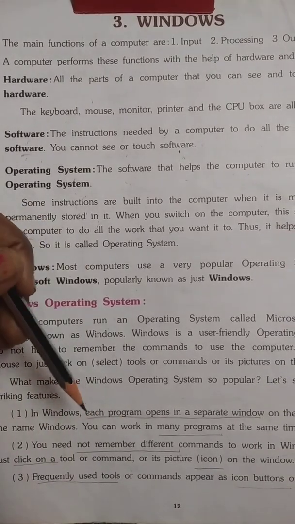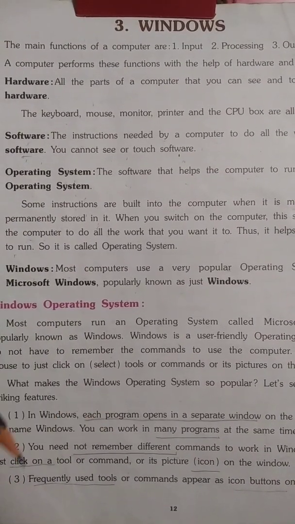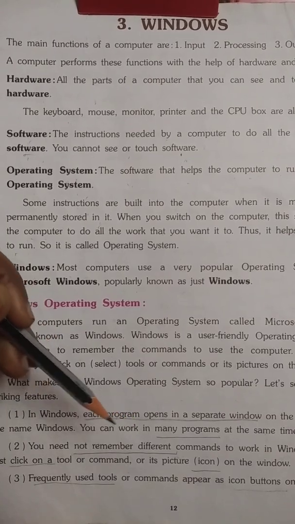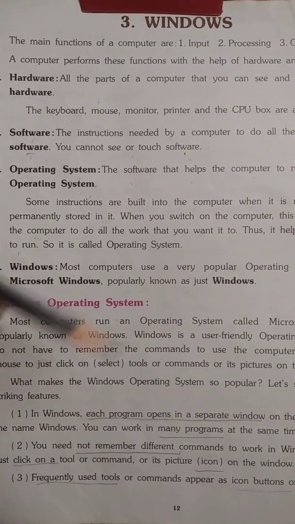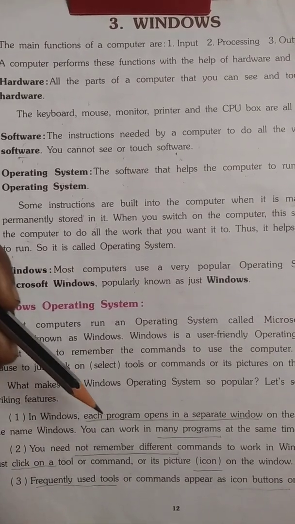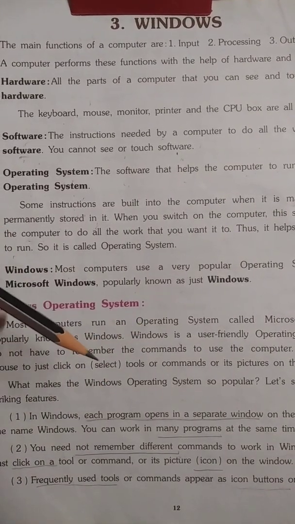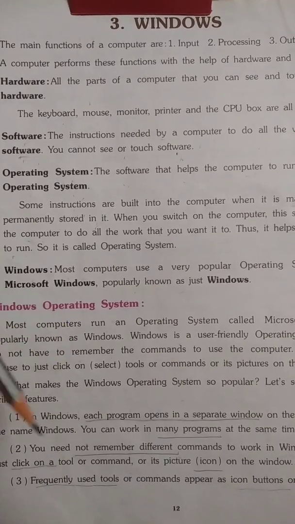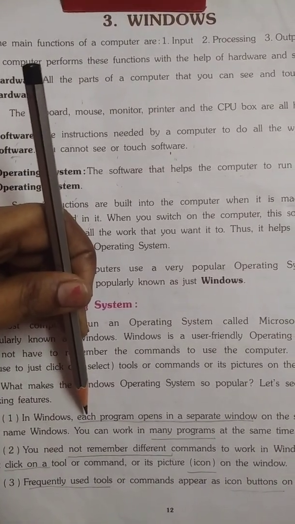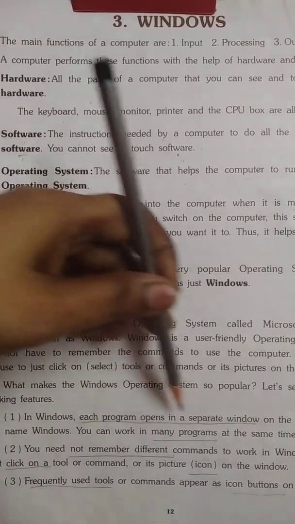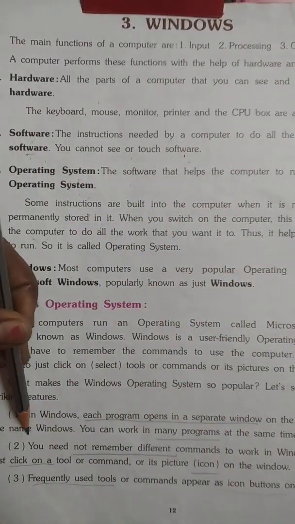You can work in the Paint, then minimize that window and open Word. You can work in Word, minimize that again, and like that you can open many programs at the same time.